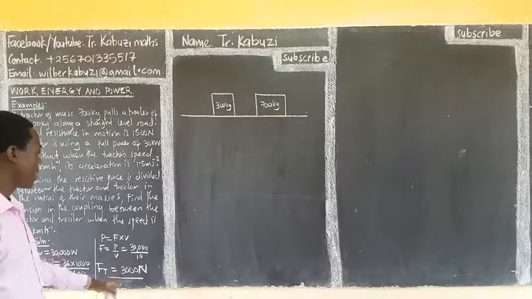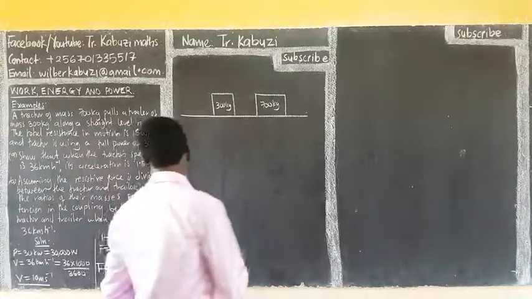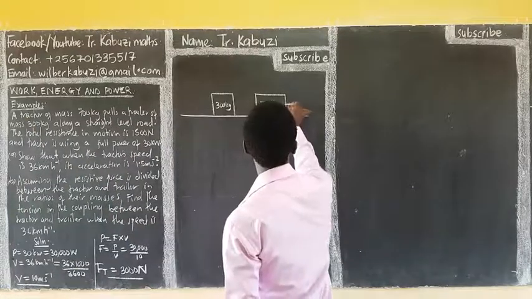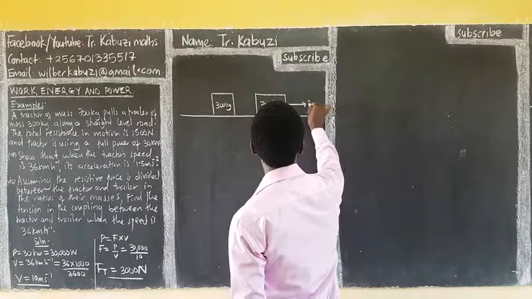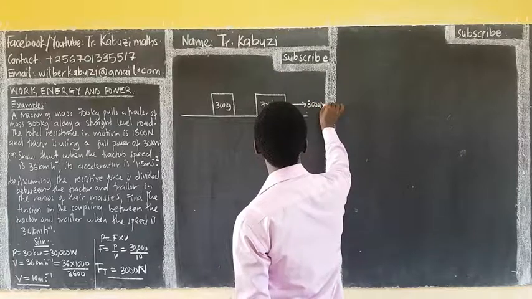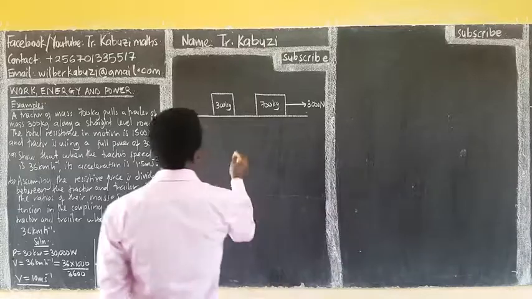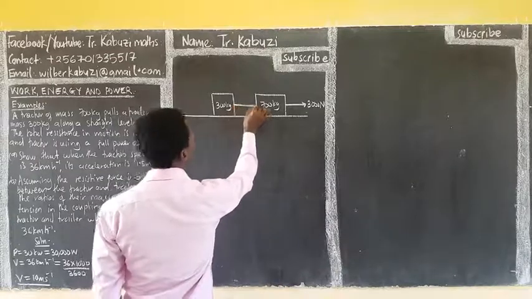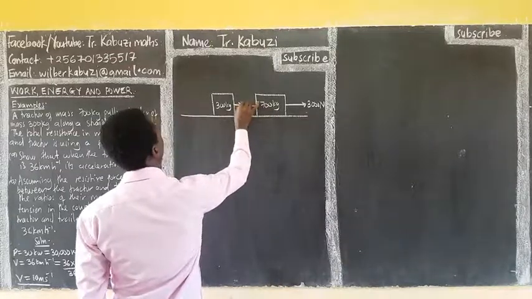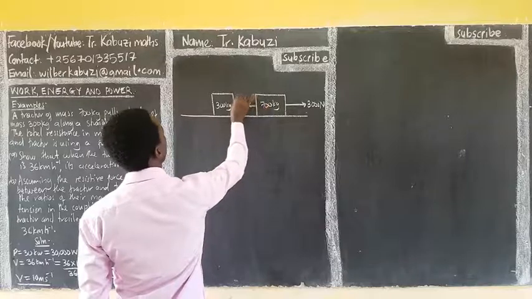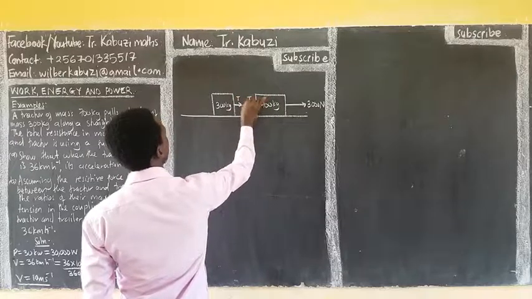We get 3,000 newtons. So the force that is going to be driving is 3,000 newtons, what we call the tractive force. Remember, these two are connected, so we are going to be adding some tension in them.